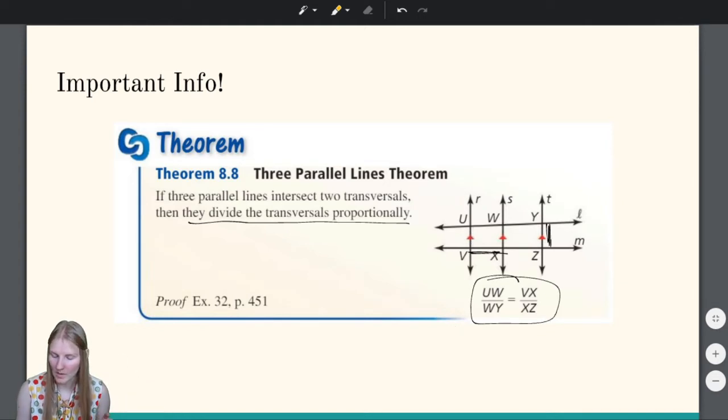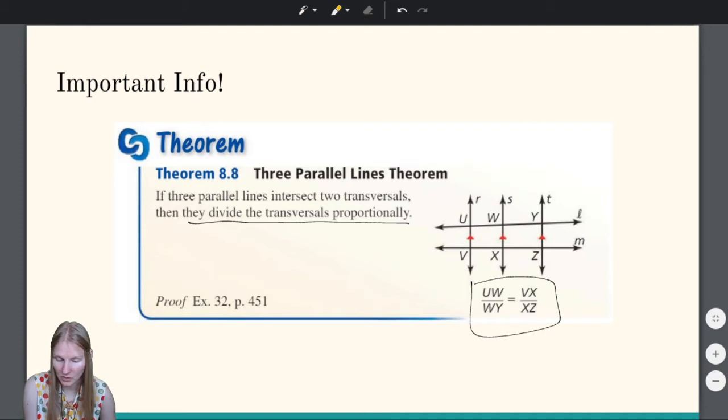So here's how I remember. We want UW, and let me color code. We want the ratio of UW to WY to be equal to the ratio of VX to XZ.